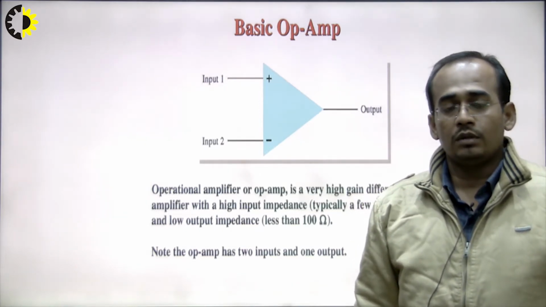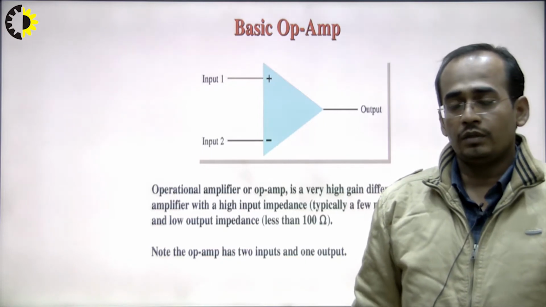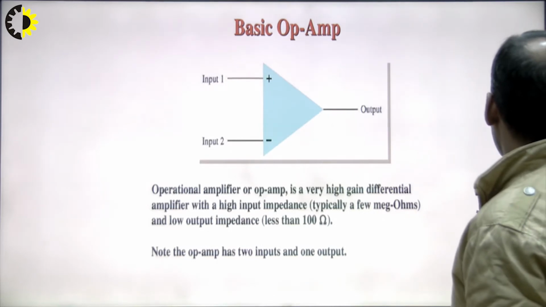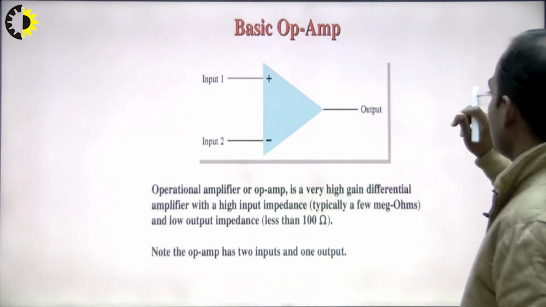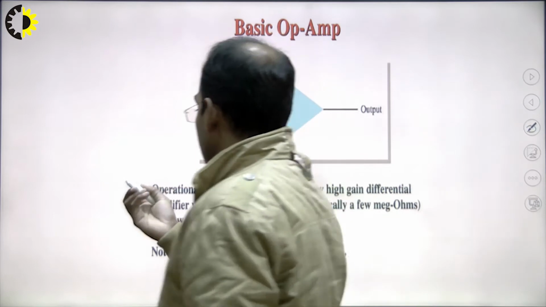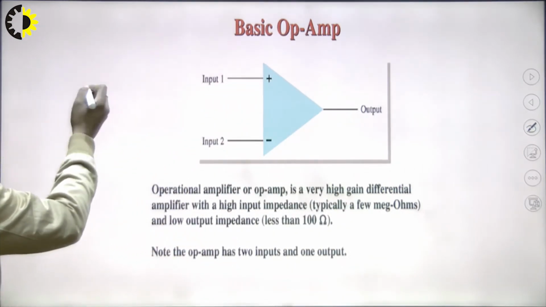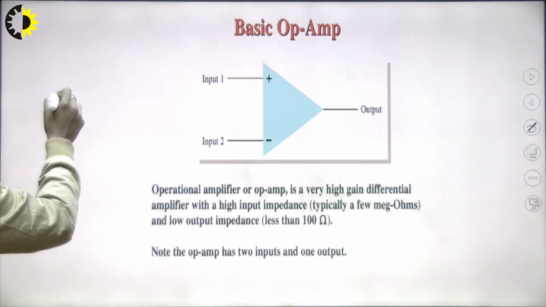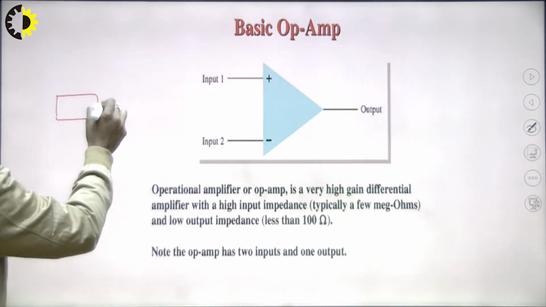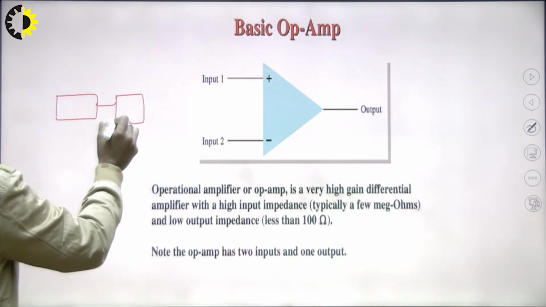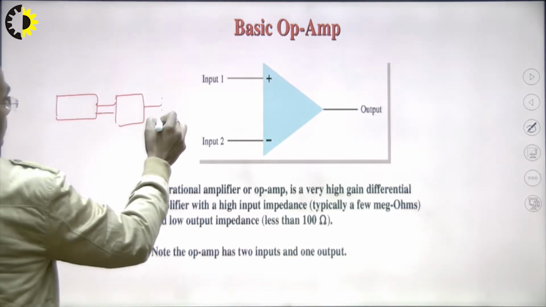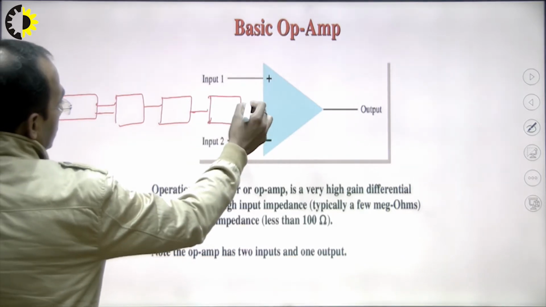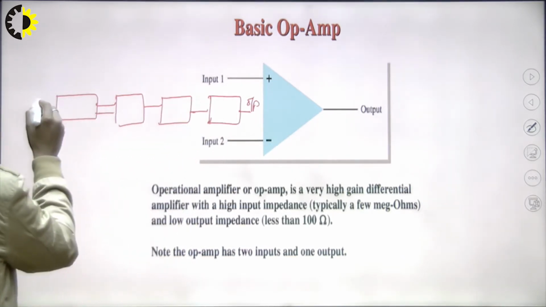If I talk about the internal architecture of the operational amplifier, then basically it contains 4 blocks, and at the end we get the output.